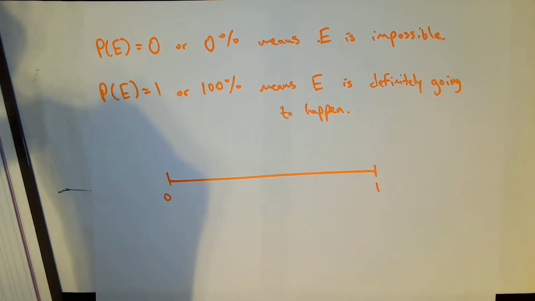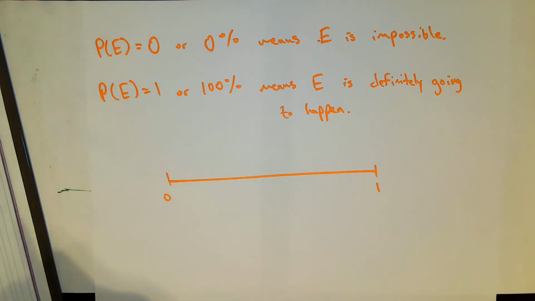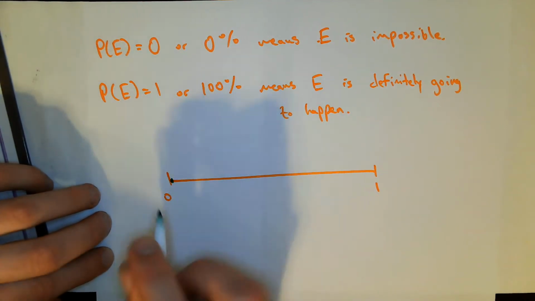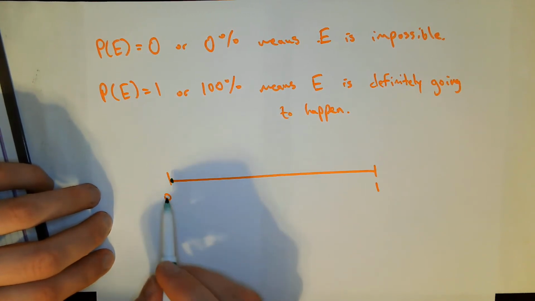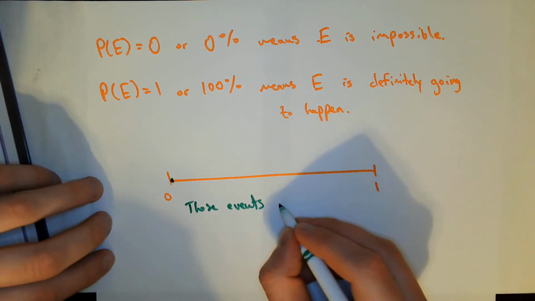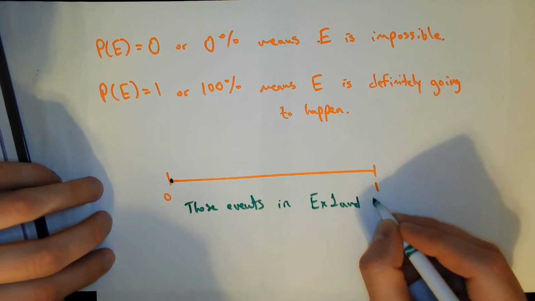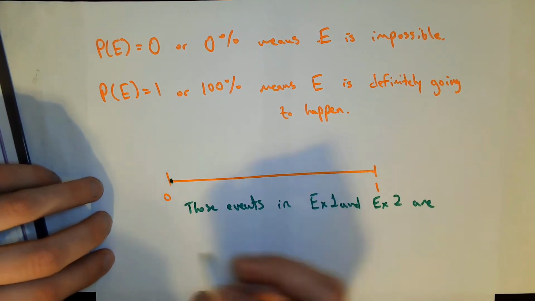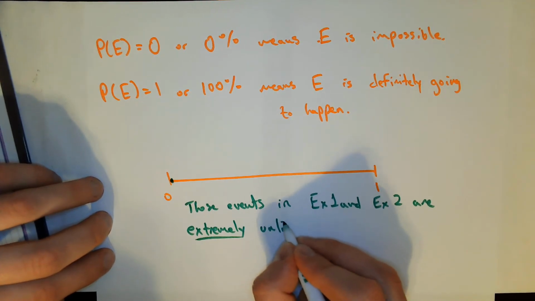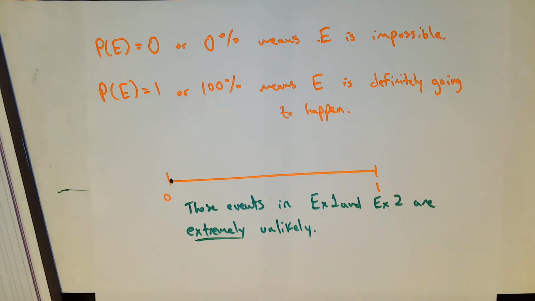The two probabilities that we just measured were like 0.000292 and 0.0008, whatever. I can't even describe how close to 0 that is with a picture, right? So those events in example 1 and example 2 are extremely unlikely, because they were so small.